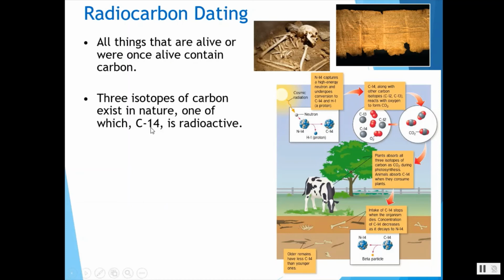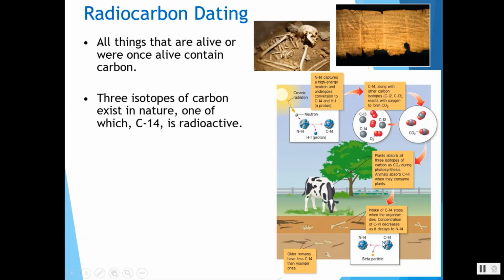That C14 isotope can be used to make carbon dioxide, and then that carbon dioxide is consumed by plants during photosynthesis, and then animals will eat those plants, and the carbon 14 will get integrated into their system and into their bones.